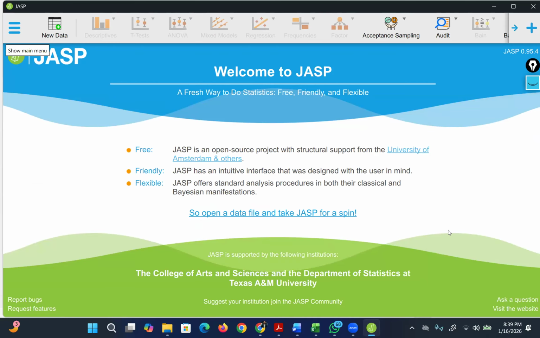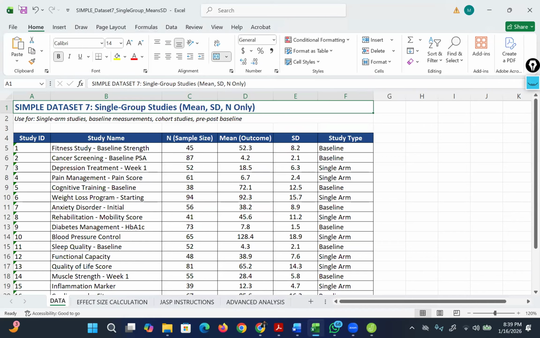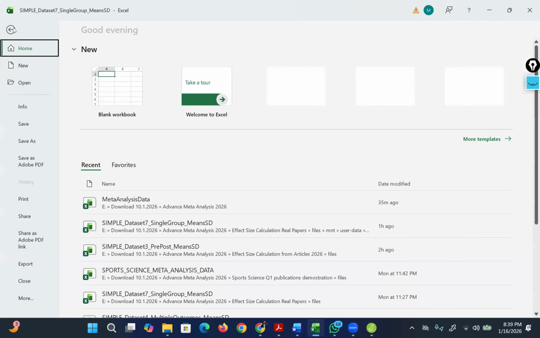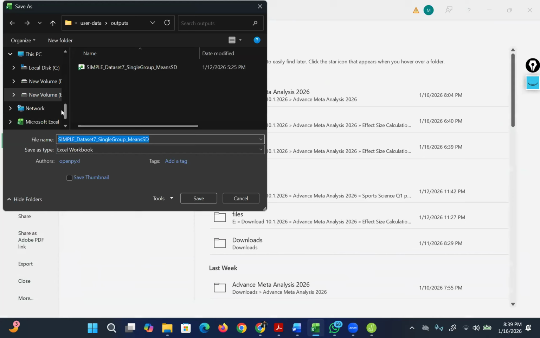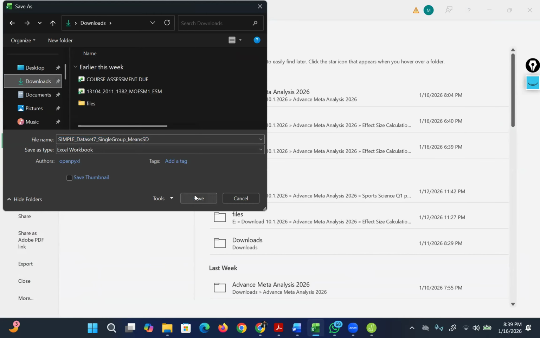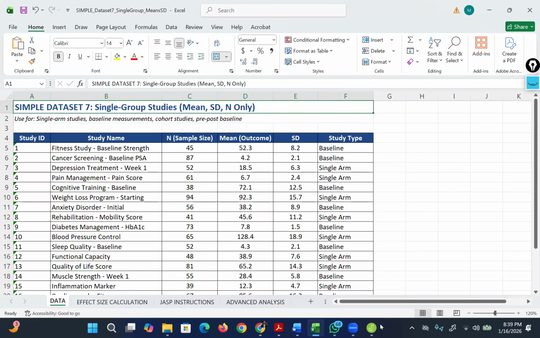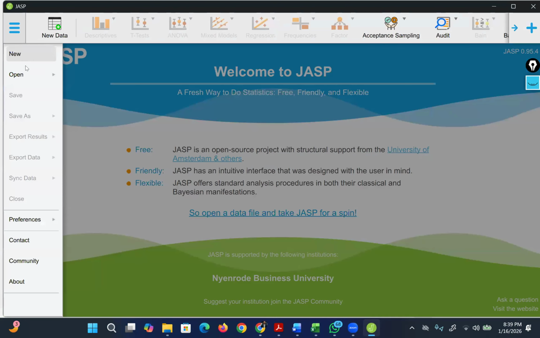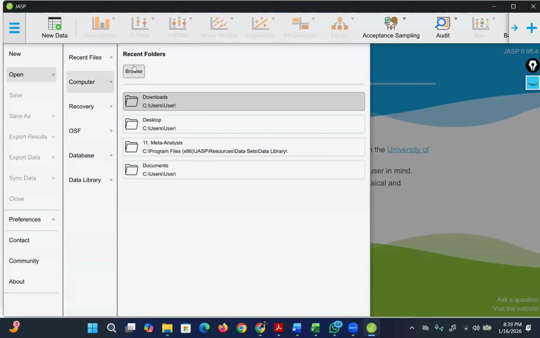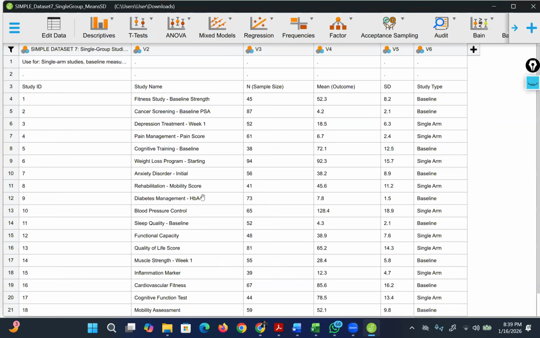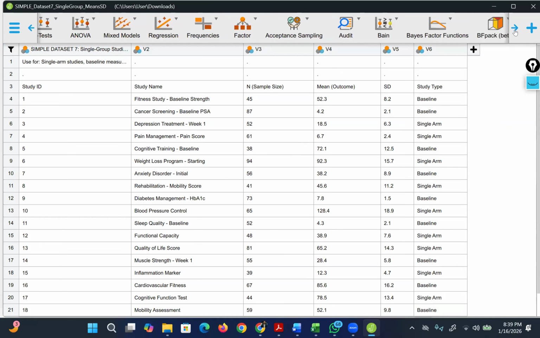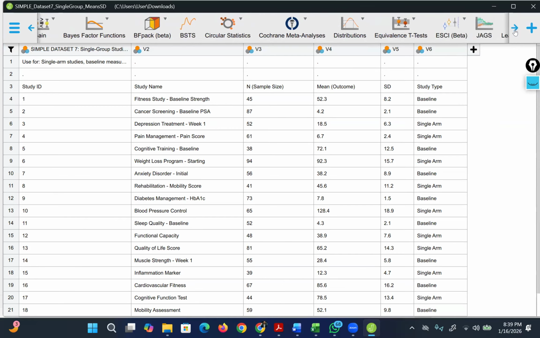Let me save this data set in my downloads. Then I will upload it using JAPS from my computer, browse, and see the sample data set. So we have this data set. Now I go to the meta-analysis.